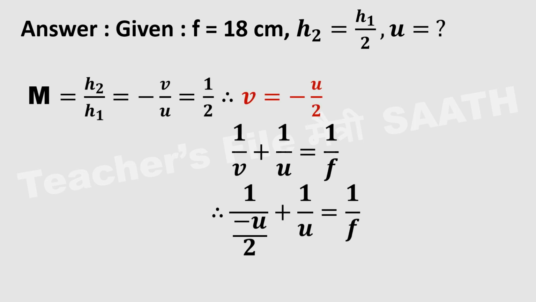Magnification formula m is equal to h2 upon h1 is equal to minus v upon u is equal to 1 upon 2. Therefore, v is equal to minus u upon 2. Mirror formula is 1 upon v plus 1 upon u is equal to 1 upon f. Therefore, 1 upon minus u upon 2 plus 1 upon u is equal to 1 upon f.